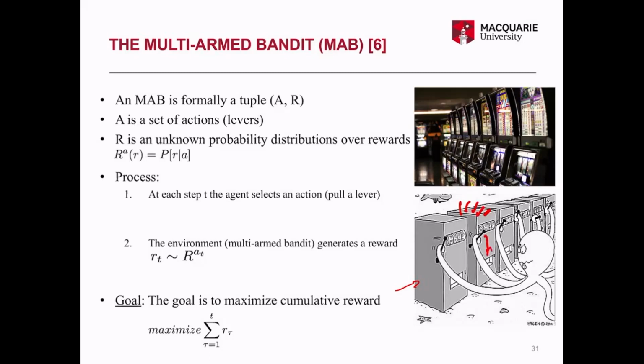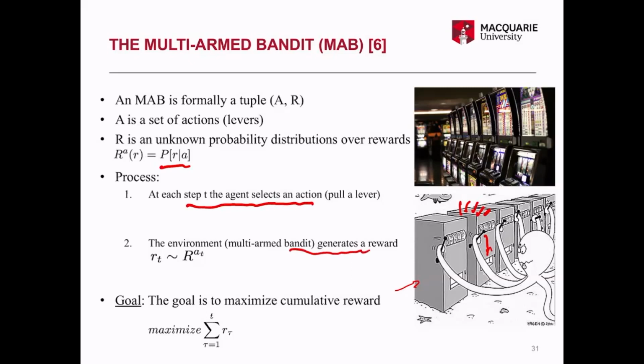Formally, a multi-armed bandit is a tuple of A and R. A is a set of actions or levers, so you pull the levers. And R is an unknown probability distribution over rewards, right? So you do actions, you get a reward, and there's a probability distribution for each one of them. The process is simple, as I mentioned. At each step T, the agent selects an action, pulls a lever, and the environment generates a reward.